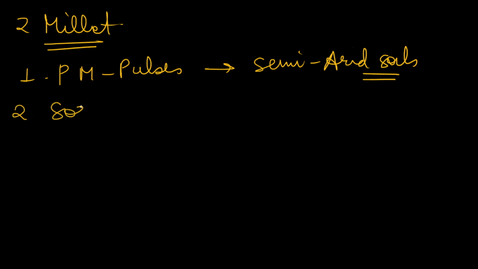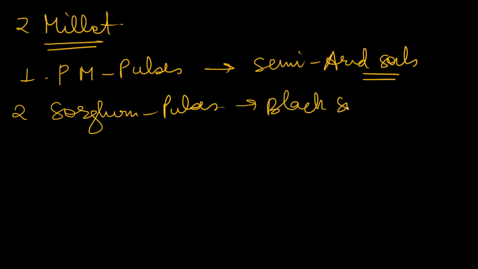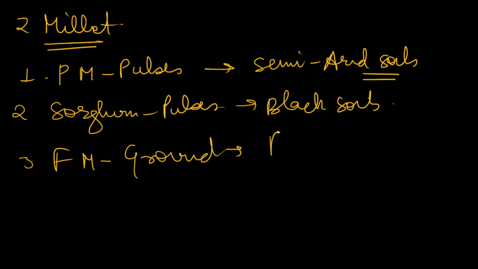Secondly, you can mention sorghum pulses cropping system, okay, these are good in black soils. Similarly, you can mention other cropping systems also, such as finger millet and groundnut based cropping systems. These are good in red soils. And all the millets can be grown in irrigated and non-irrigated areas also, okay, finger millet and groundnut.